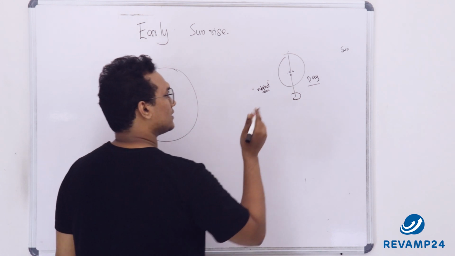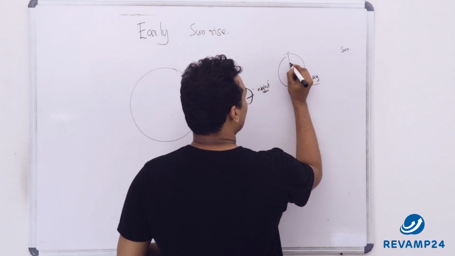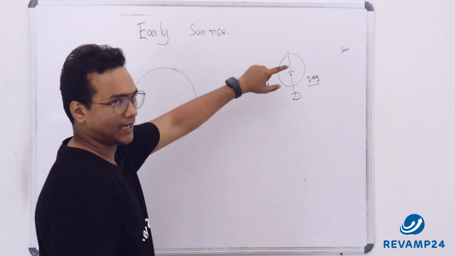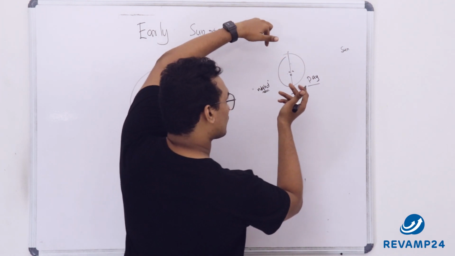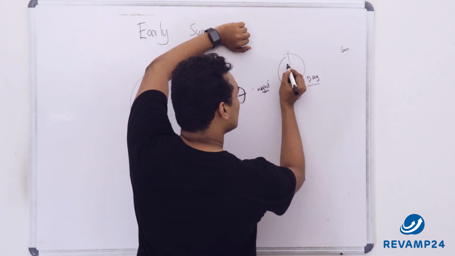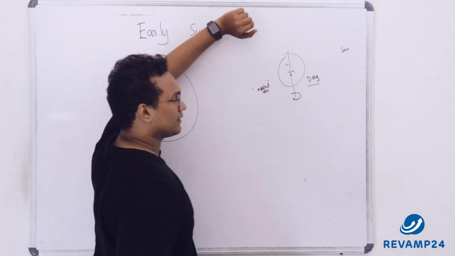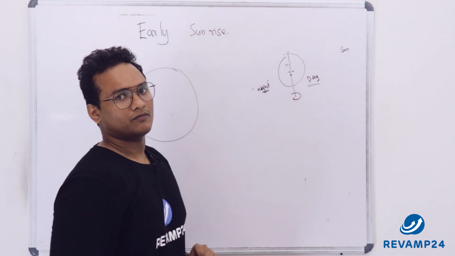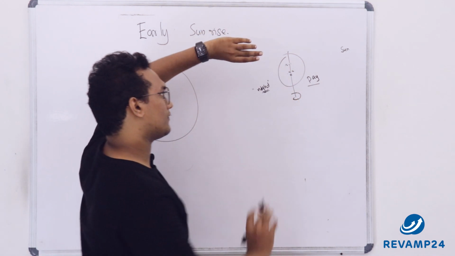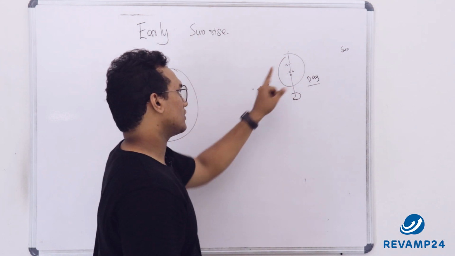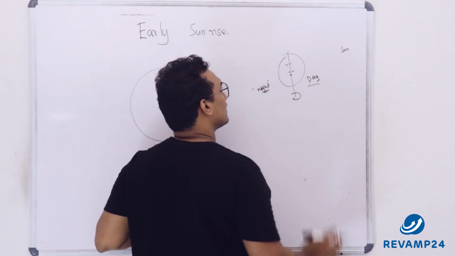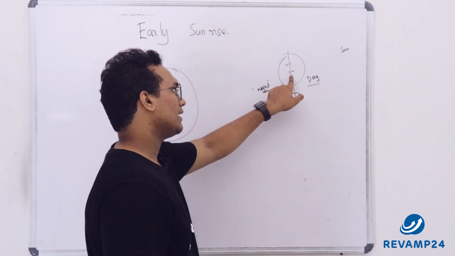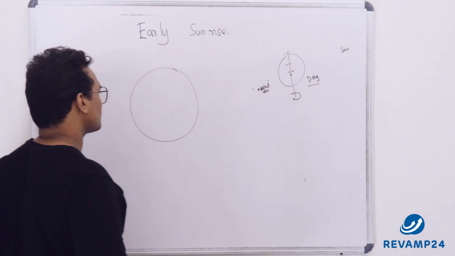And just the opposite, we have daytime here. After a rotation it would enter from day to night, and that point is sunset. So after sunset we have night. The moment this point reaches here, that is sunset here and this is sunrise.